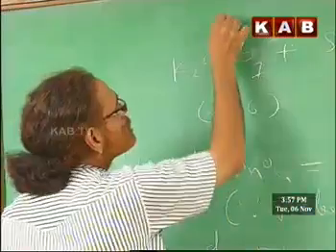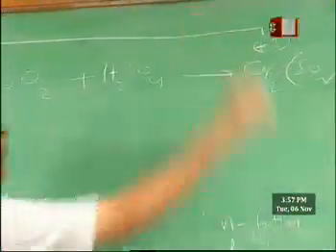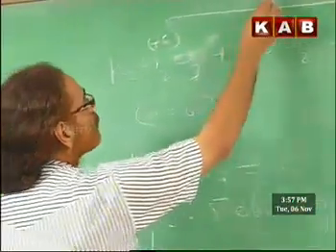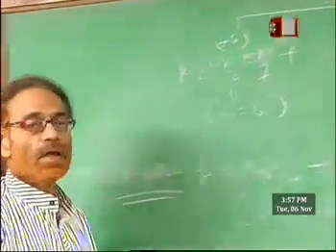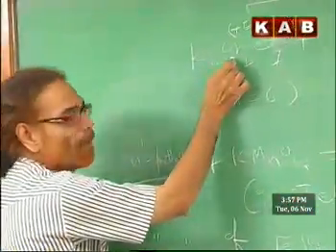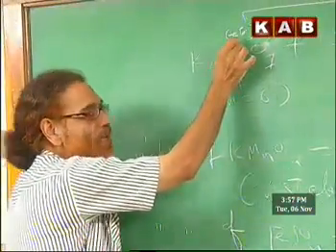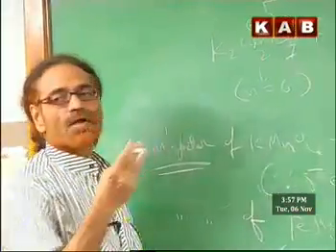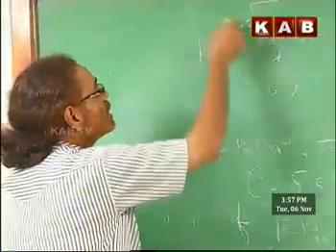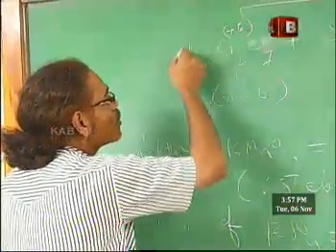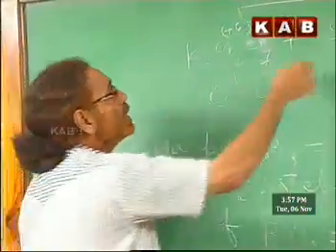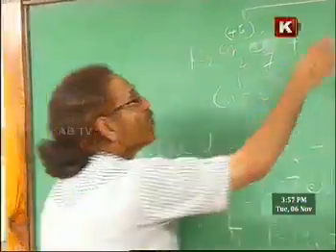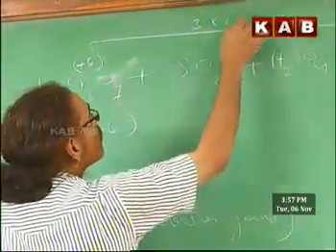So from +6 state to +3 state, there is a change in oxidation state of 3. So for every chromium atom, the +6 state came down to +3 state, or 3 electrons are gained. But in this formula K2Cr2O7, how many such chromium atoms are present? 2. Therefore, 3 into 2, 6.